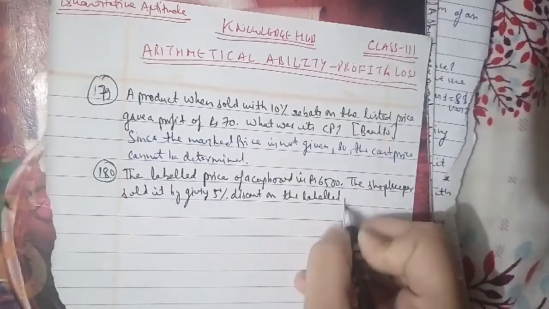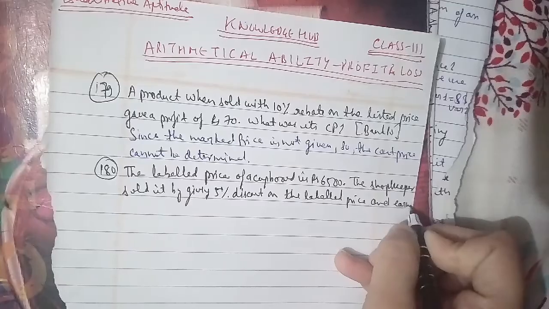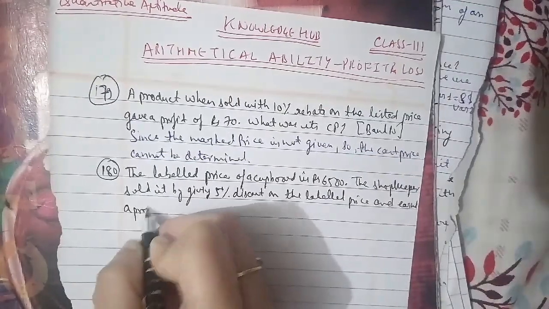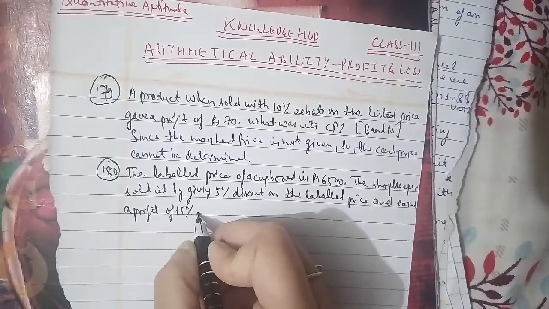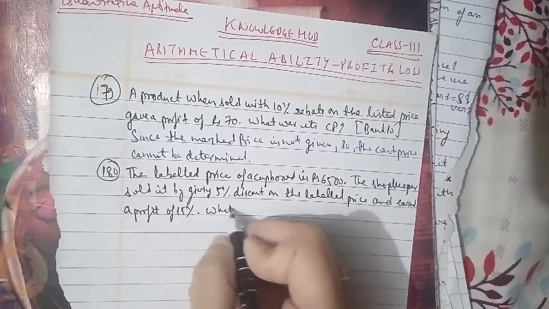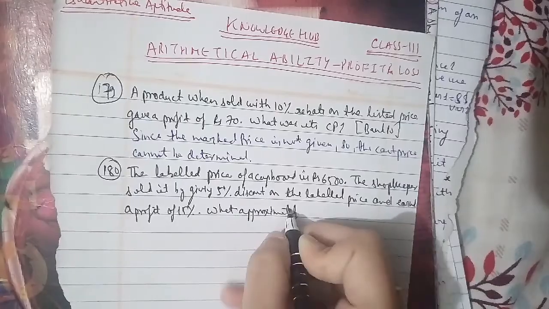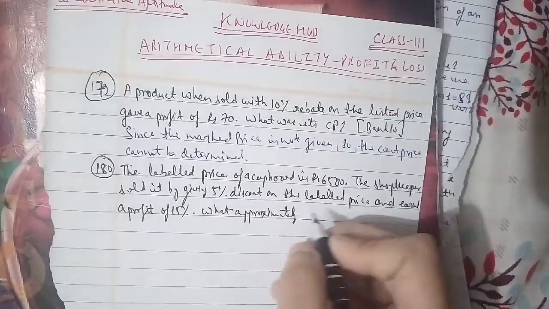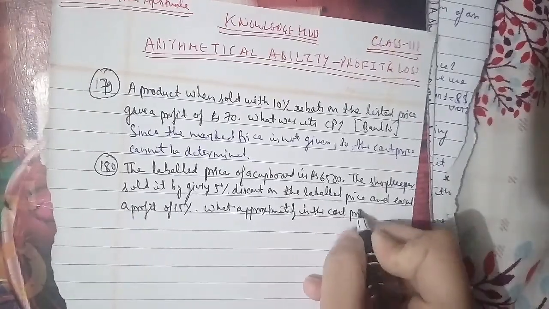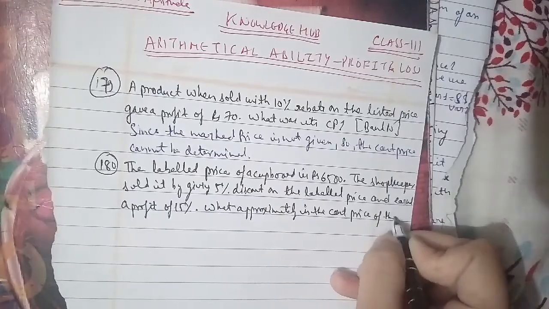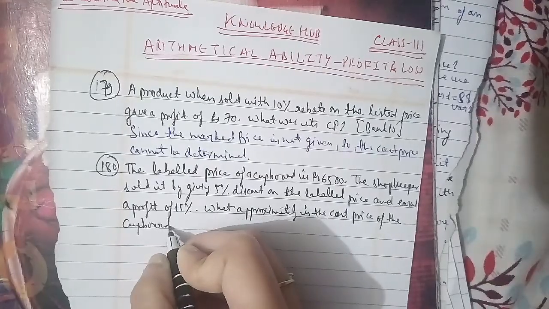What approximately is the cost price of the cupboard? This has also been asked in the bank PO question paper. The options are 5,000, 5,350, 5,600, 5,800 and 6,000. So we go ahead for the same.